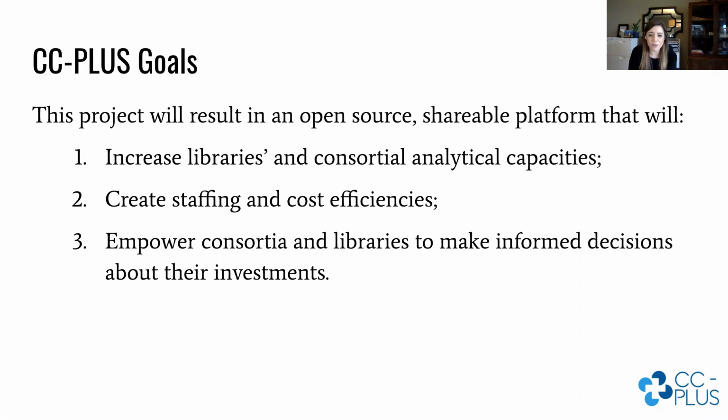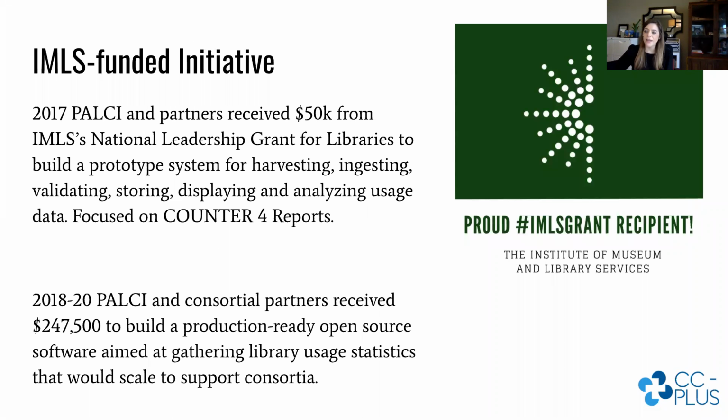So we started off with those three goals. And what ended up happening was we developed first an initial project that was aimed at developing a prototype to try and understand what it would take to approach this together, to develop some governance structures, as well as a prototype technology that would allow us to do that.